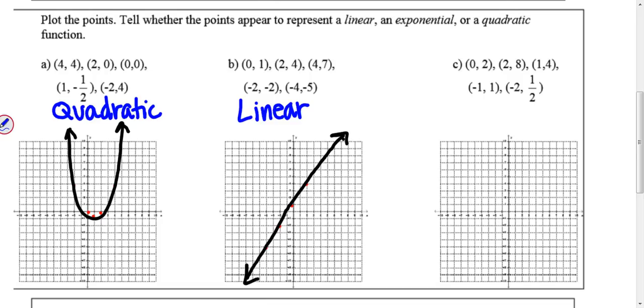Now, last one, go ahead and plot those points. And once you have these points plotted, go ahead and draw a line to connect these. And so hopefully you guys know that this kind of function is an exponential function. It will go in both directions.